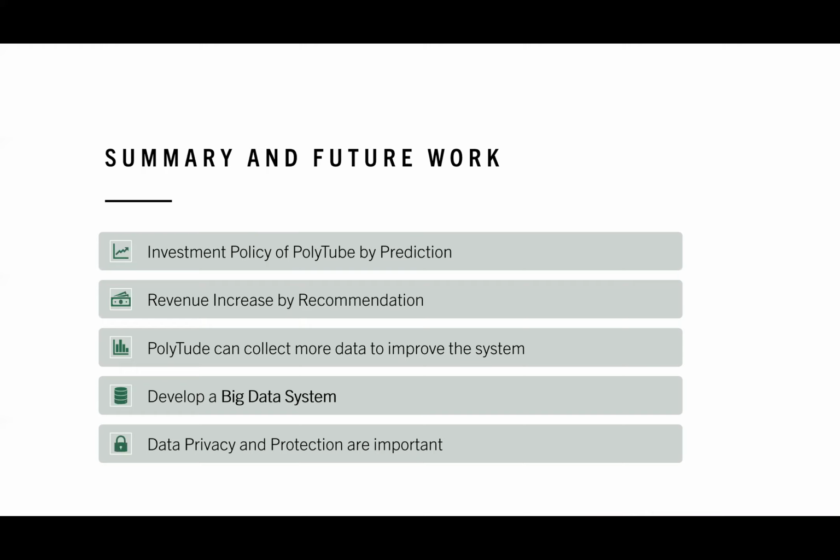Second, using this data, we can recommend movies to users to let them watch more, which will also increase the company's revenues. The company can also collect more data to improve the system, because in the future we think short movies will be very popular, and the company can use different methods to collect more data and input it into the system.